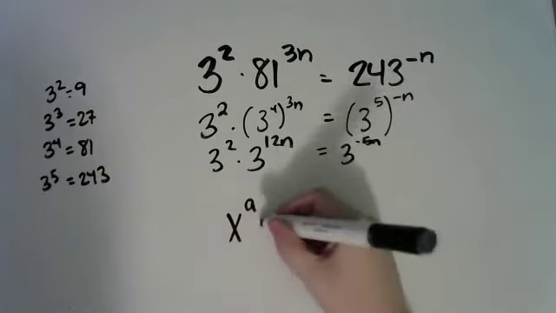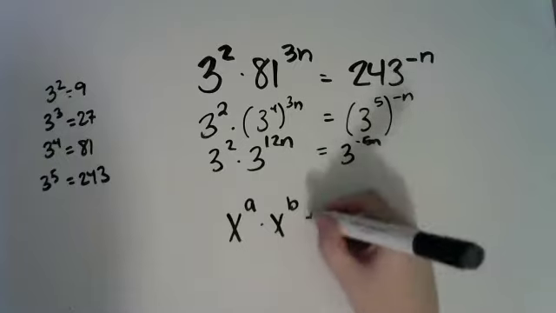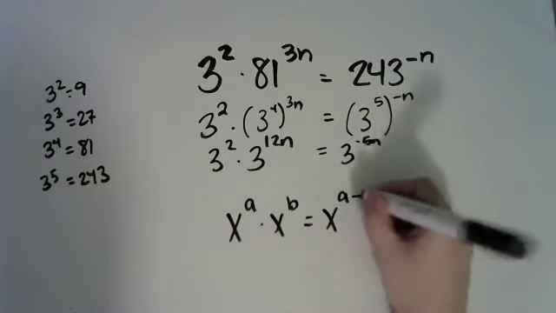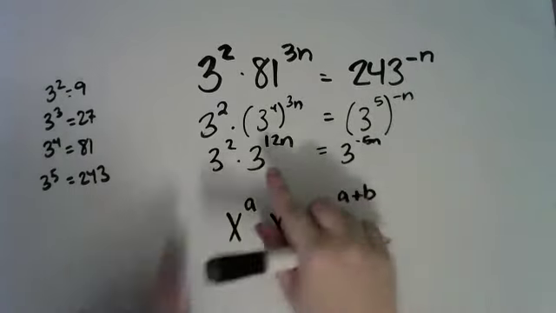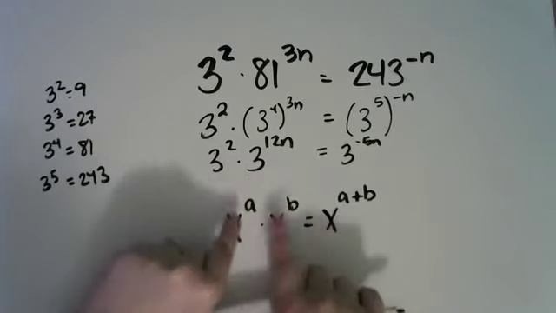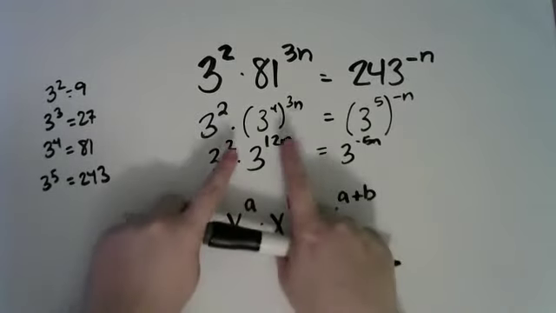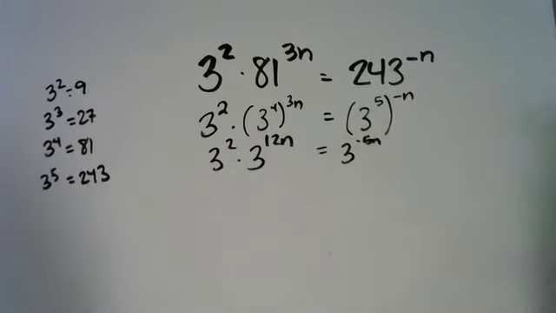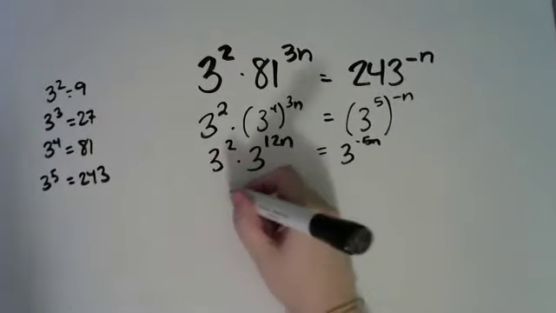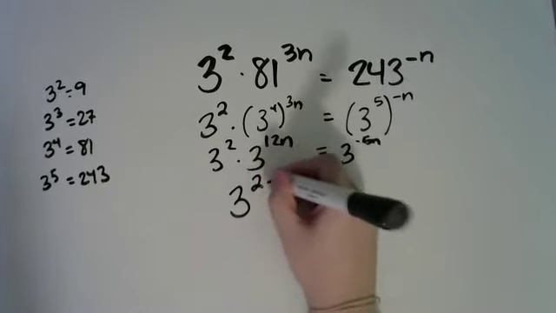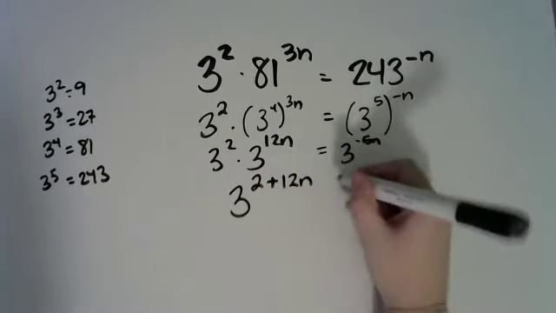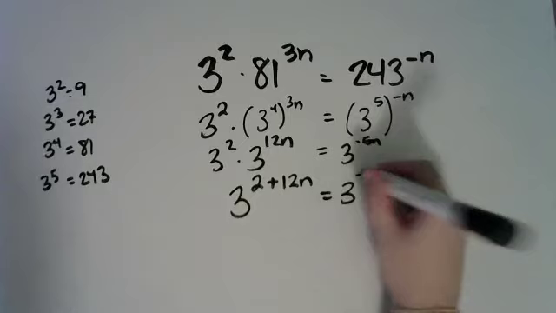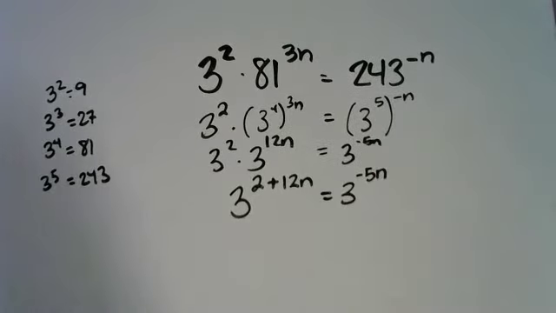X to the a times x to the b is equal to x to the a plus b. When the bases are the same, we keep the base number and add the exponents together. So in this example, 3 squared times 3 to the 12n is 3 to the 2 plus 12n, and it's still equal to the 3 to the negative 5n.